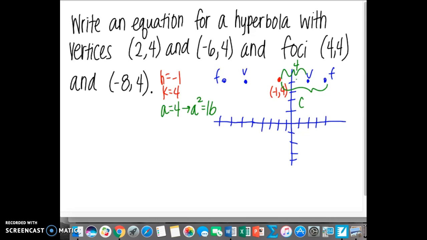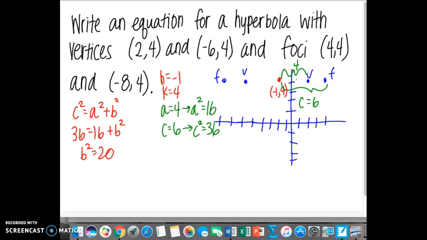So since that distance is 6, we know c equals 6. So c² equals 36. So using our equation, c² equals a² plus b², we're going to have 36 equals 16 plus b², so then b² equals 20. We can stop here.